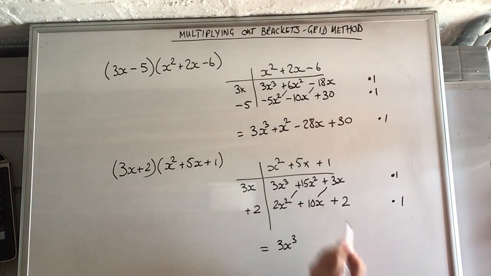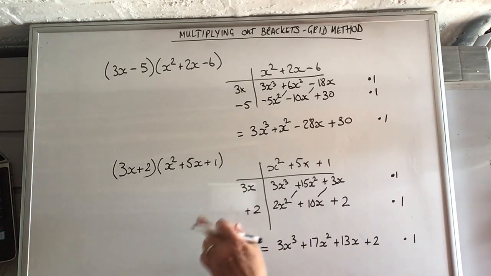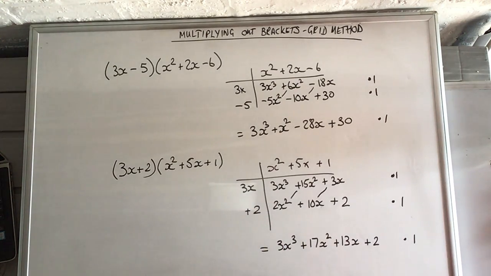Diagonals, remember, because you put it in a nice order, keep it nice and neat. 17x squared plus 13x. Oh, sorry, not x squared, just 13x, because it's not squared, so it's just x's. The last bit plus 2. Final mark. Quite an easy one. It was all just positives there, so they made that nice and easy for you. Okay, that's a nice easy one.